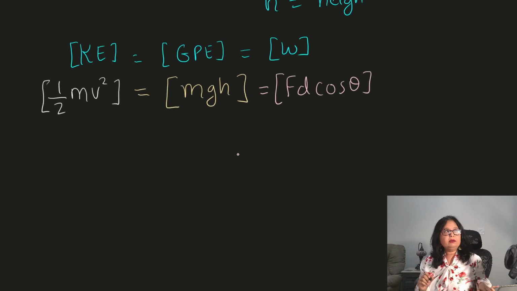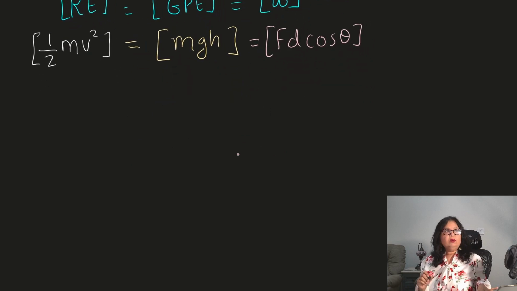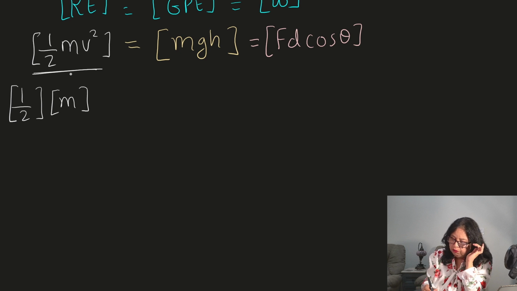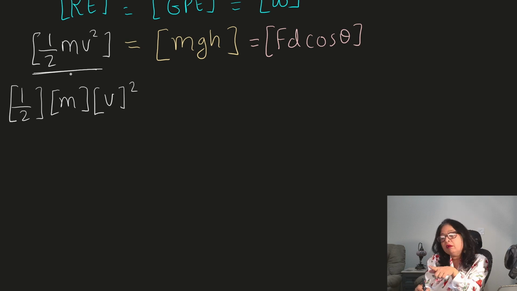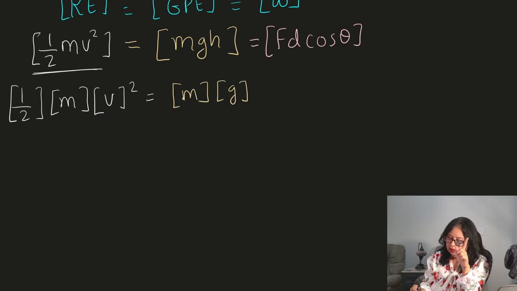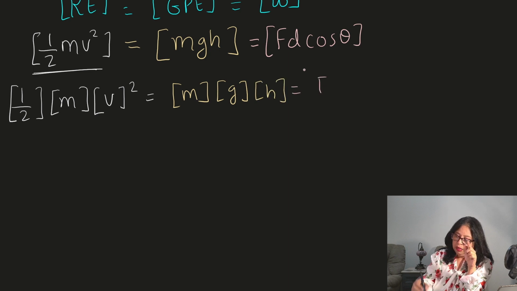All right. So now I'm going to write this as the dimensional formula for 1/2 times the dimensional formula for mass times the dimensional formula for v squared, or I could close the parentheses and write the square outside. It doesn't matter. Then mgh, mass, g, h. And the last one.